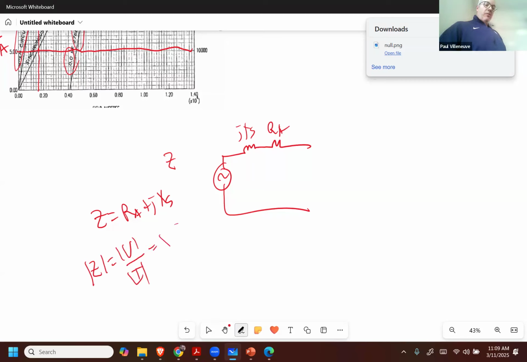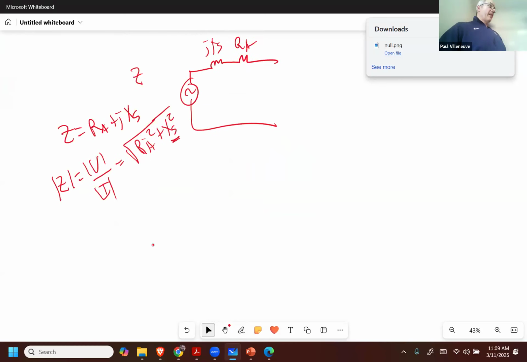That is equal to the square root of R_A squared plus X_S squared, right? If I want to solve for X_S directly, X_S is going to be equal to the square root of the magnitude of V over the magnitude of I, squared, minus R_A squared.